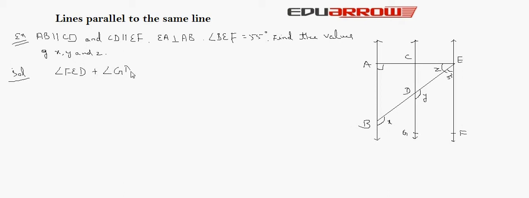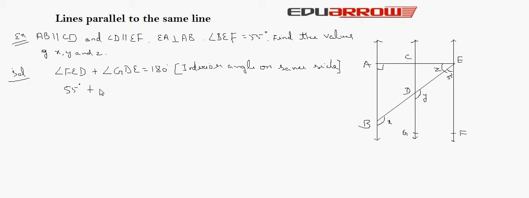Now angle FED plus angle GDE is equal to 180 degrees as they are interior angles on same side, so their sum is 180 degrees.